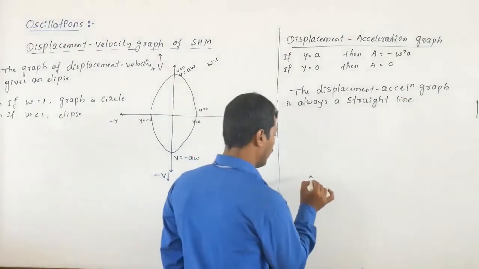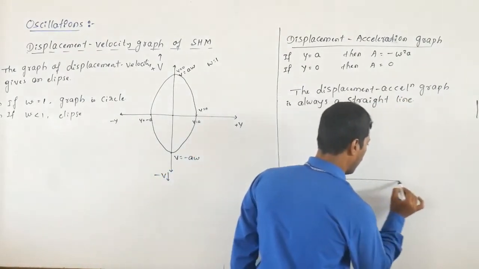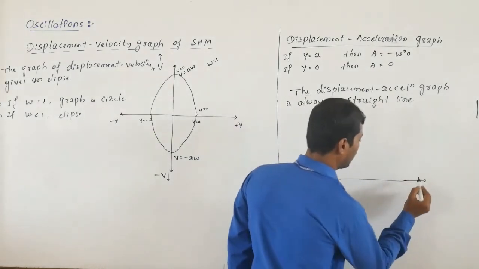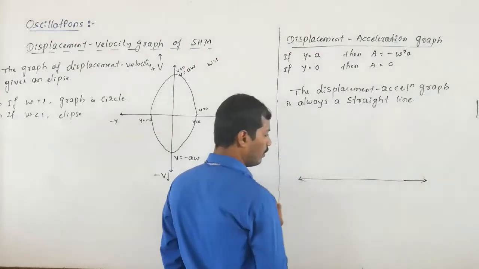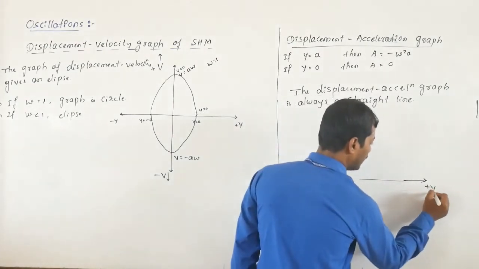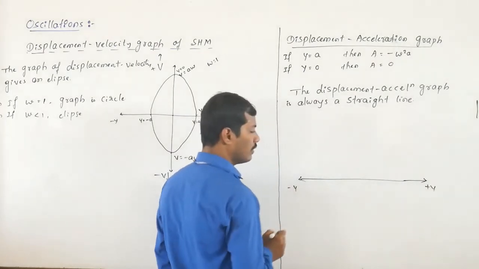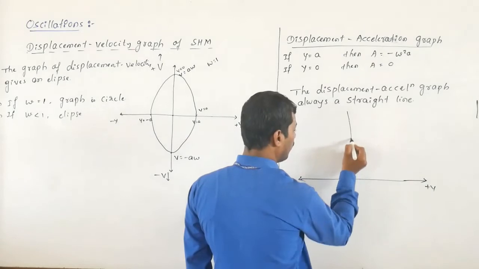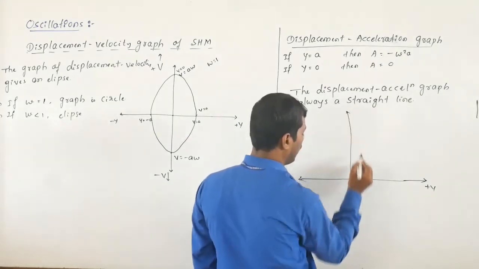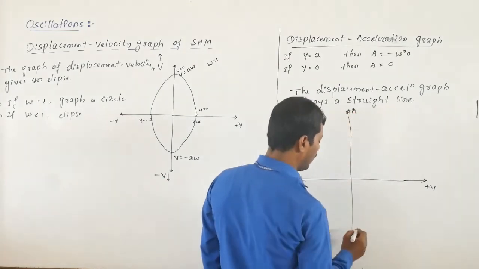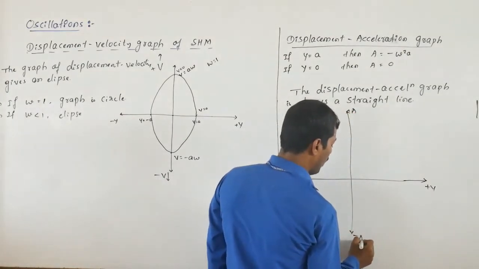I'll draw one diagram here. Along the x-axis, I'll take the displacement of the particle. A is the maximum displacement, plus a and minus a. Along the y-axis, I'll take the acceleration of the particle, positive acceleration and negative acceleration.